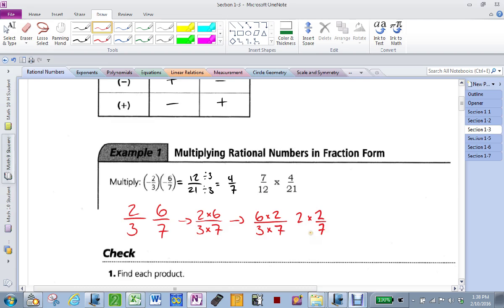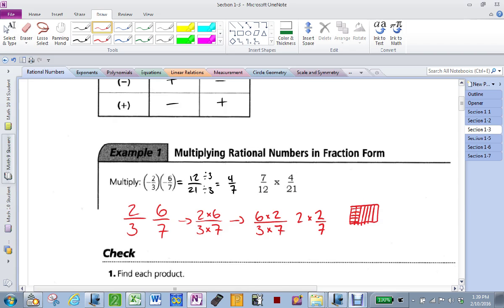So isn't this 2 times 2 over 7? Isn't 6 divided by 3 2? Is everyone cool with that? Okay, so now stop for 1 second and think. 2 times 2/7. If I draw this in a picture, 1, 2, 3, 4, 5, 6. There's 2/7.